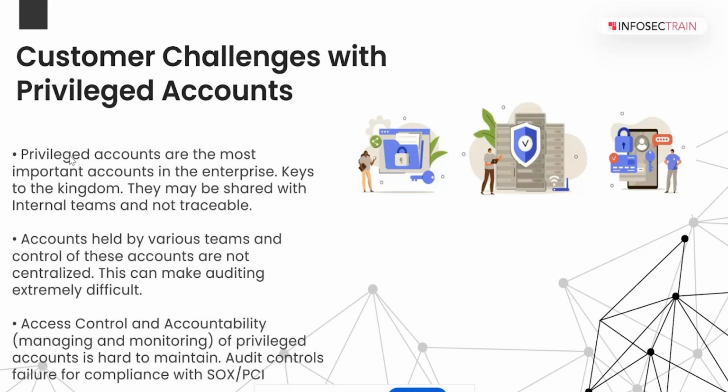And for this you can have different PAM solutions. You can implement a privileged access management solution, any security solution that you have in the market, right? You can go with that, you can implement that. And it is going to give you a centralized repository. It is going to give you a database on which you can store all of your accounts, you can onboard all of your accounts, and it is going to provide a centralized repository for your accounts.